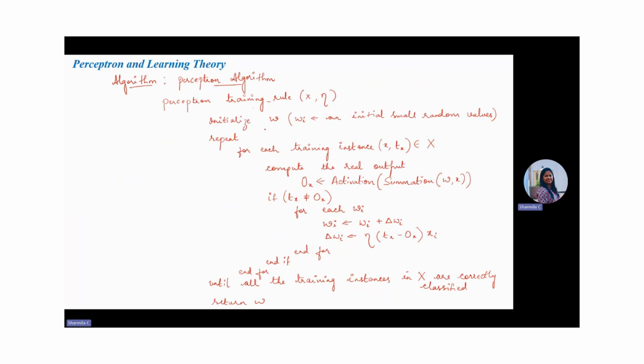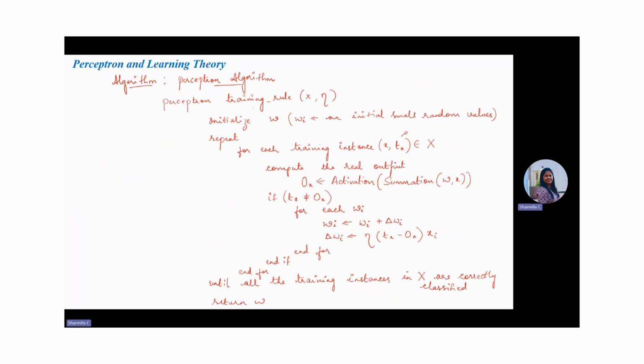Because we are assuming some initial weights, we need to learn the weights and fix them so that they work with all the sets of inputs and give the correct output, that is equivalent to the target output present in the training set. So repeat this for each training instance, that is x comma t(x). t(x) is nothing but the training example label that belongs to X. X is nothing but the data set.